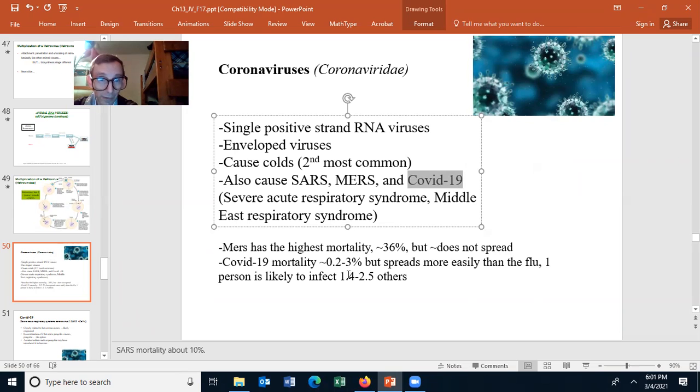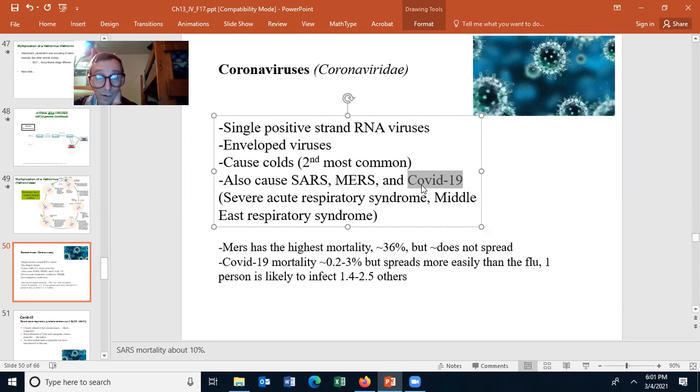I haven't looked recently, but the last time I looked, which was about 2 months ago, so it might be out of date now, the mortality rate, they estimate, is between 0.2 to 3%, meaning between 0.2 to 3% of people who get infected will die of COVID-19.